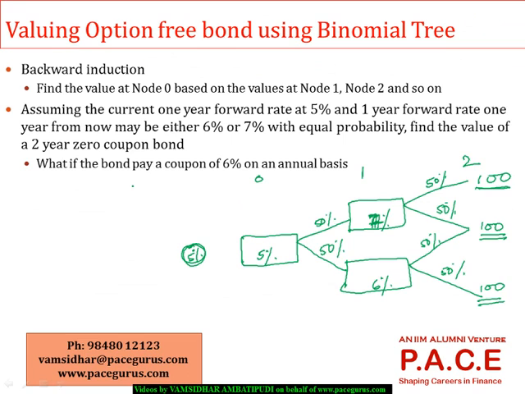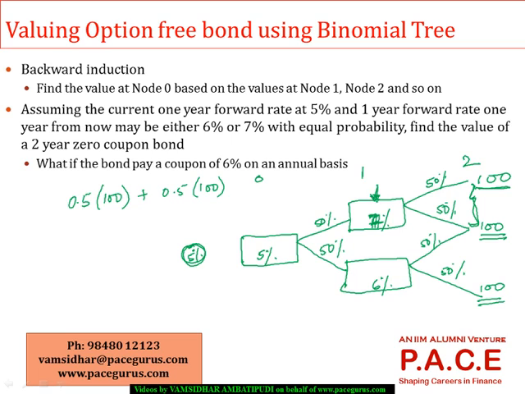So if I have to find out the value of this bond as of here, what is the average value of the bond as of here? It is 50% times 100 plus another 50% times 100. This is the value of the bond as on here.